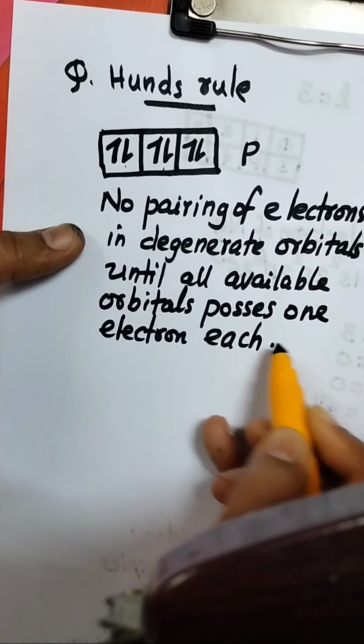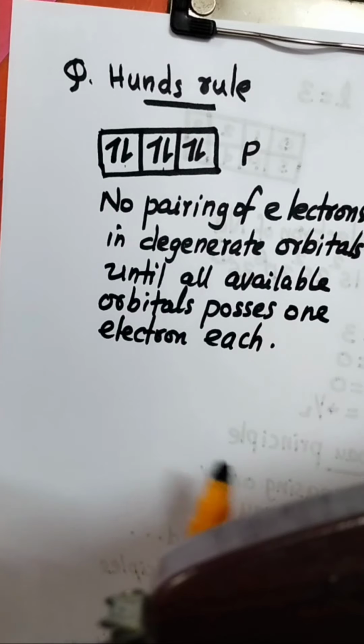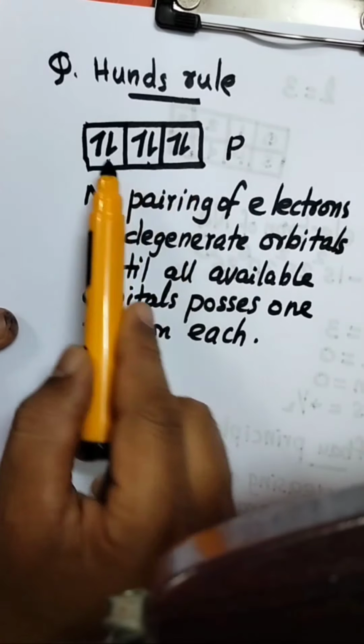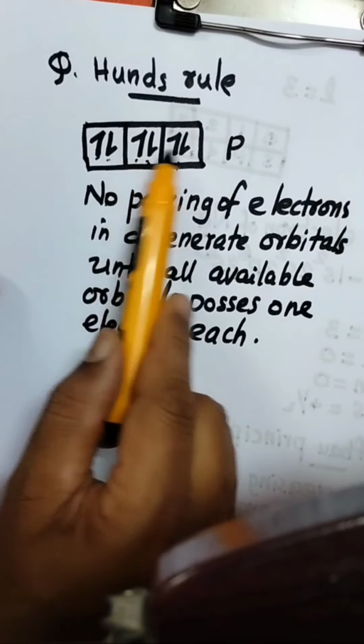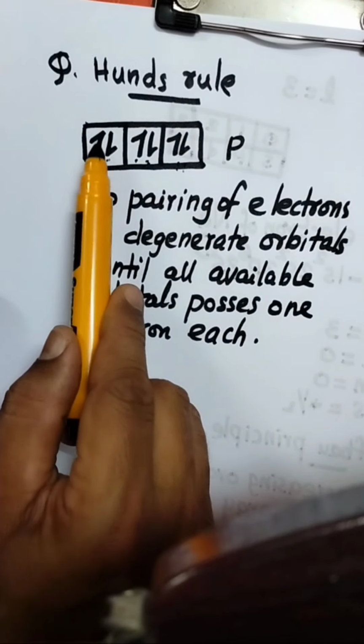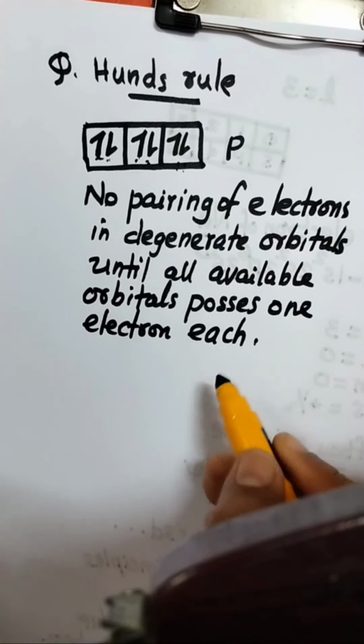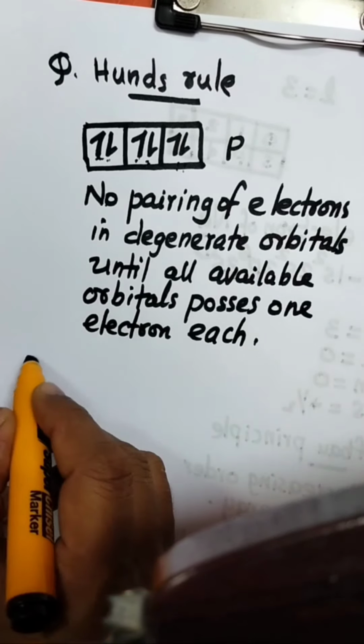Okay, this is Hund's rule of maximum multiplicity. No pairing of electrons in degenerate orbitals takes place until all the available degenerate orbitals possess one electron each. This is Hund's rule of maximum multiplicity.